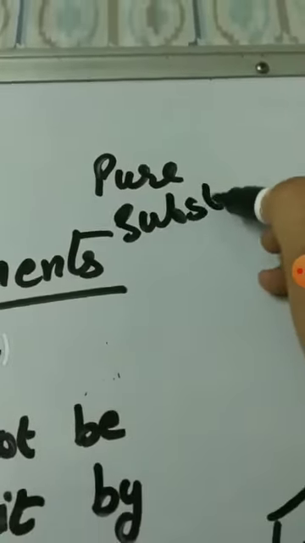Like carbon, cobalt, both start with the same alphabet. Carbon symbolized with 1 letter C and cobalt symbolized with first 2 letters.